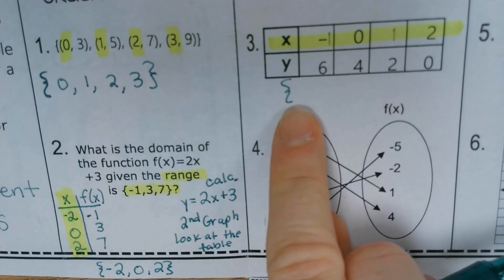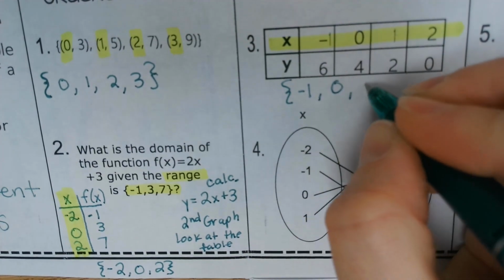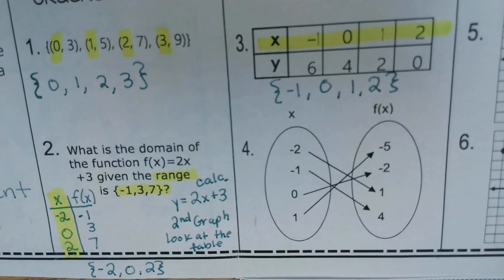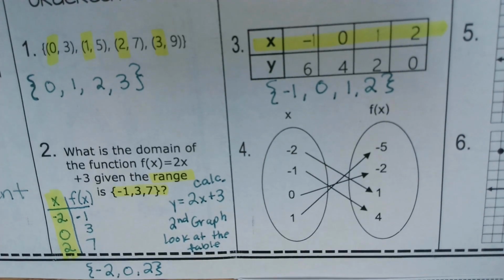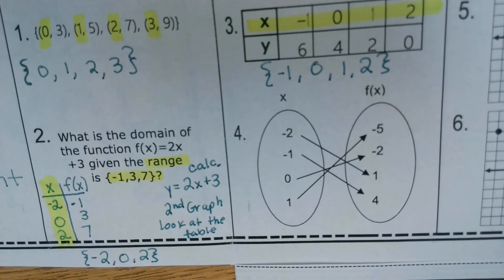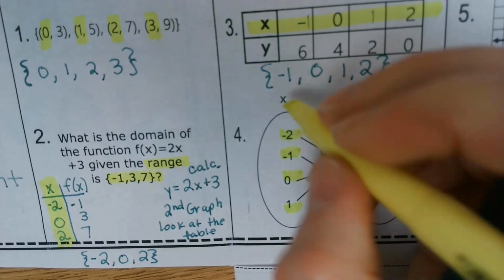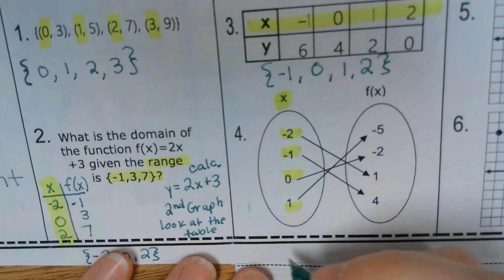That little S and a backwards S. So -1, 0, 1, and 2. Then number 4, what's our domain? It's all the x values. So make a list.